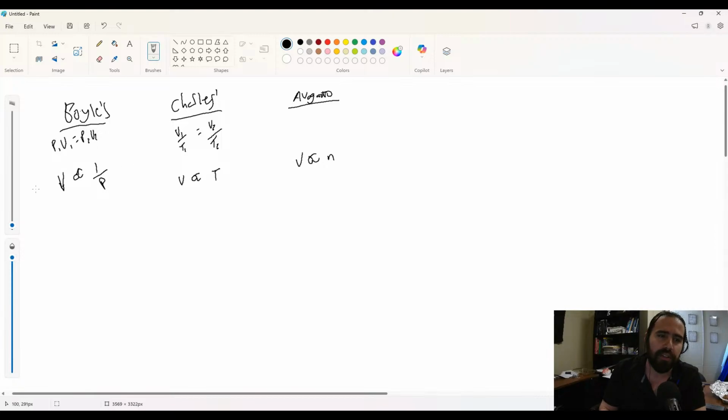This is true only if you have a consistent temperature and moles. This is true if you have a consistent pressure and moles. This is true if you have a consistent pressure and temperature.